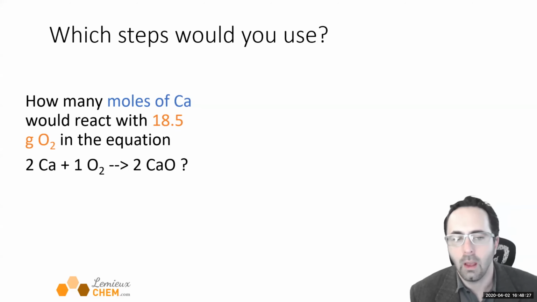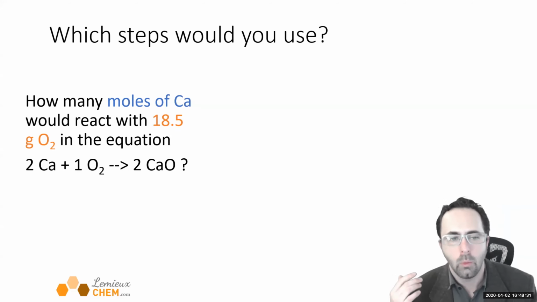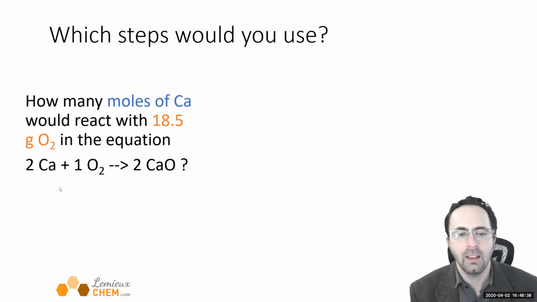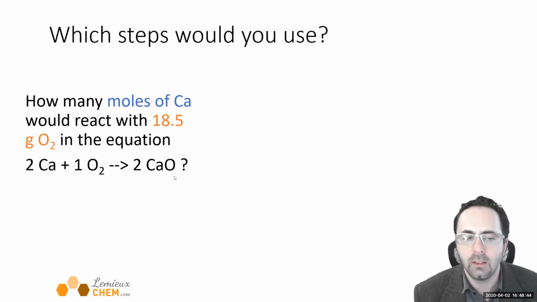So, for example, in this question, which of our 3 steps would we have to use? Well, the question asks how many moles of calcium would react with 18.5 grams of O2 in the equation here. So let's decide which steps we're going to actually need.